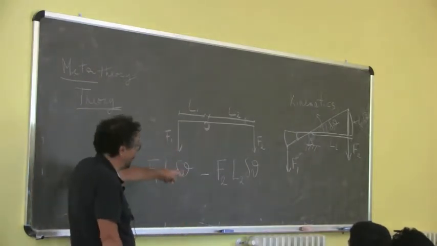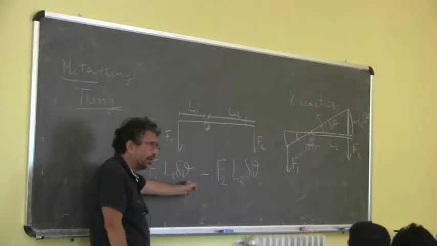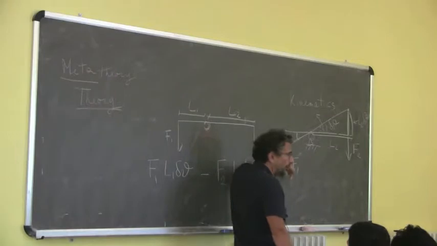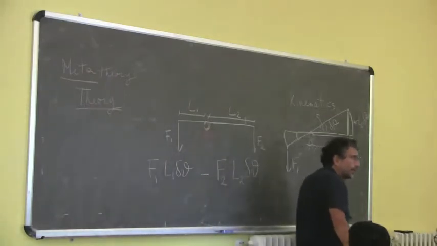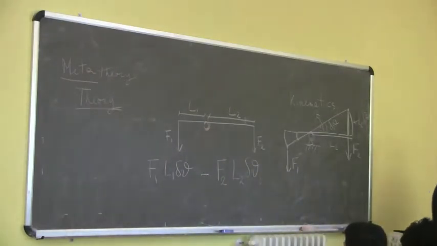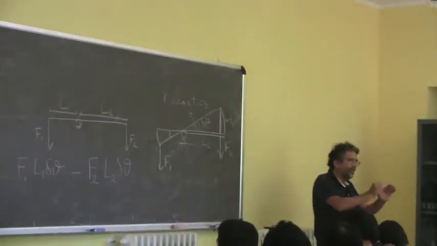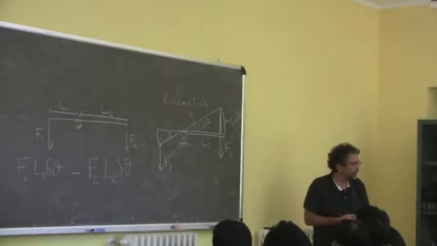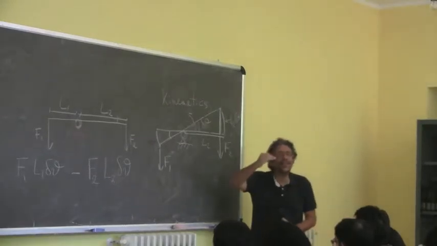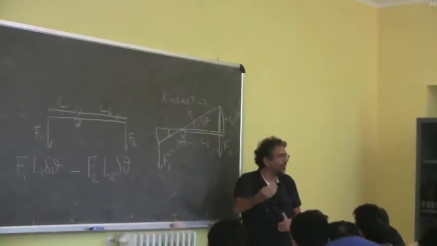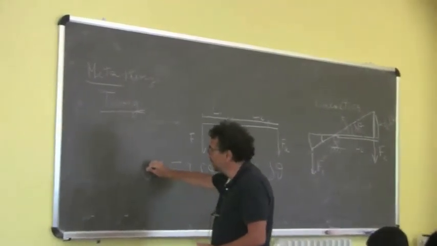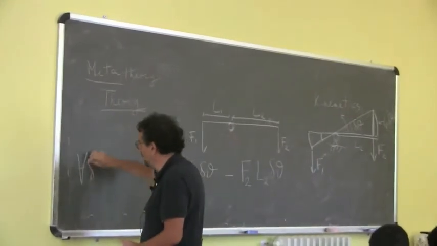For delta theta positive, this is a positive work because it is in the same direction of F1. Okay? So this is the evaluation of the virtual work for a virtual displacement for the considered system. The principle of virtual work tells us that this has to be equal to 0 for every delta theta.